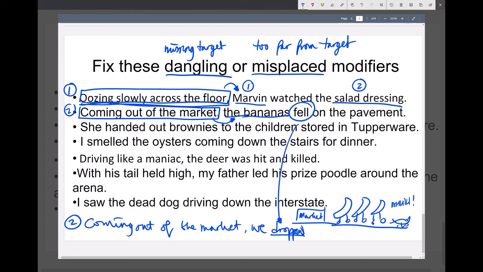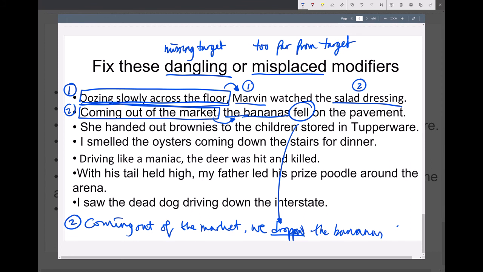But instead it is people, let's say us. We dropped the bananas onto, so instead of on, because we're changing the verb now, onto the pavement.